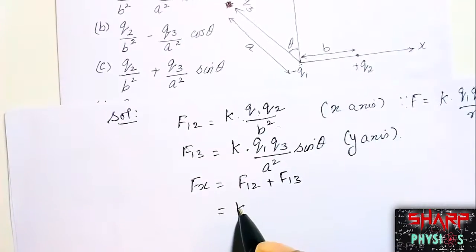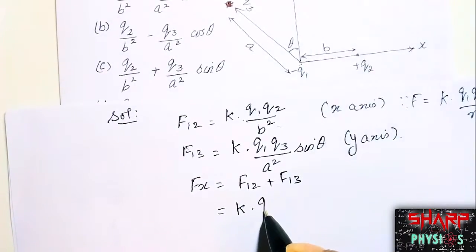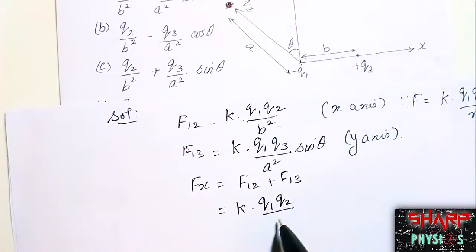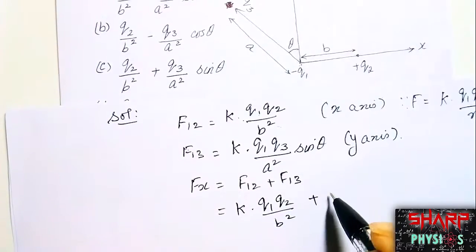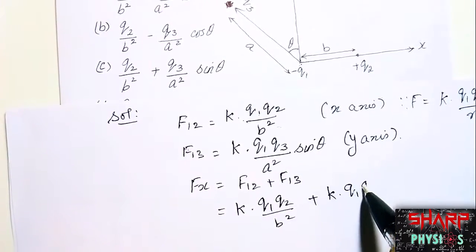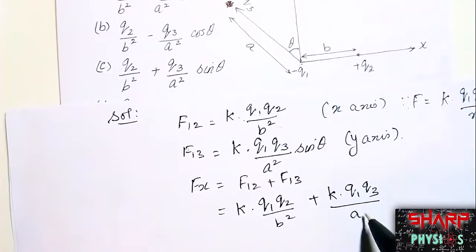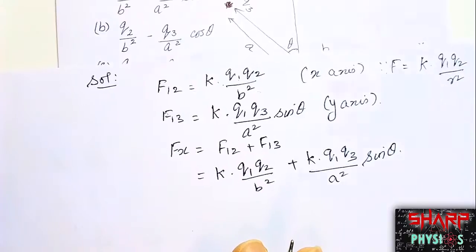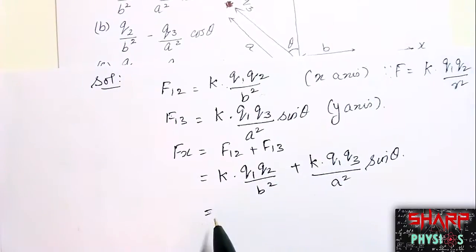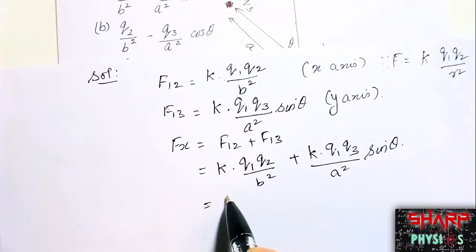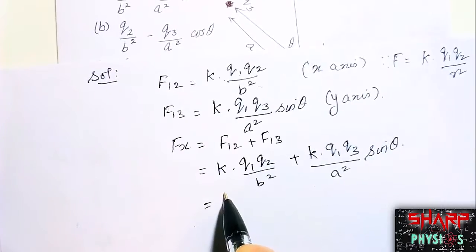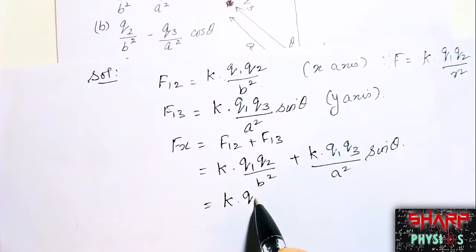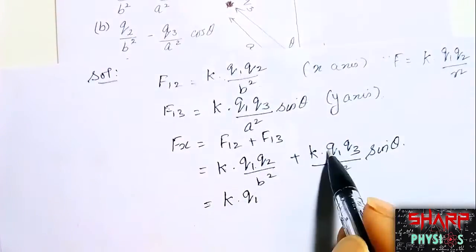So you get K into Q1 Q2 divided by b square plus K into Q1 Q3 divided by a square sin theta is equal to, you take the common factors, K and Q1 are common in both.